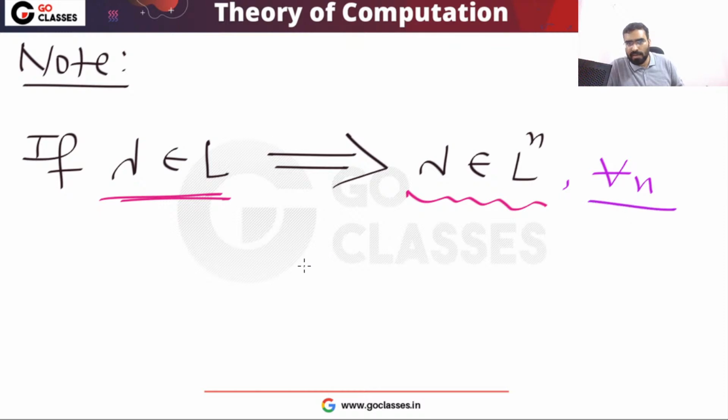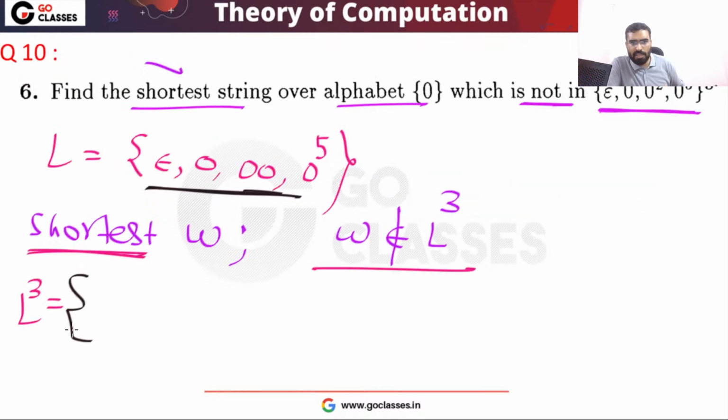And similarly, this is a two-way direction. Okay, let's see the next. Here you can notice the empty string will be there. Will 0 be there? Yes, 0 will be there. Double 0 also will be there.